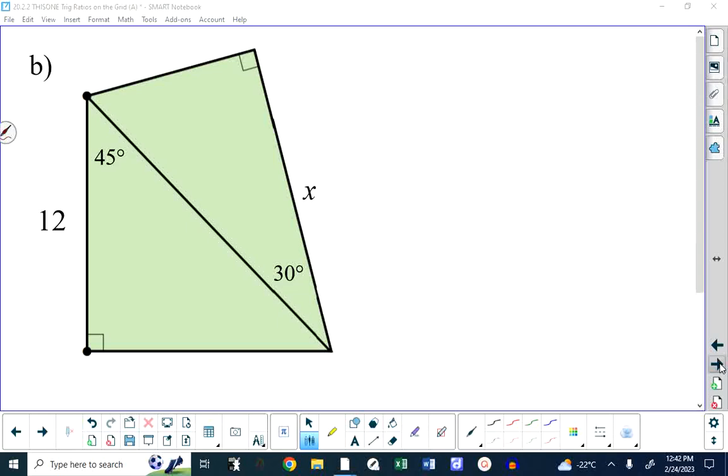The correct answer is that x is equal to either 6 root 6, or I'm guessing it would be 12 root 3 over root 2, or 24 root 3. 12 root 3 over root 2.